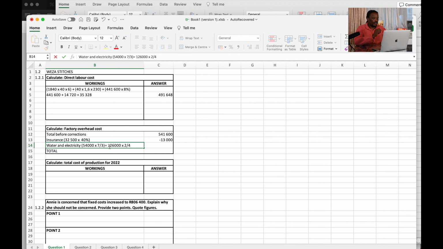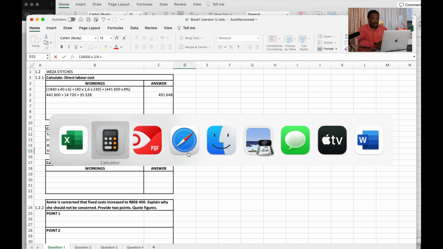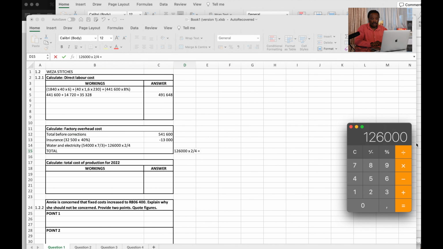Now, when you multiply 126,000 times 2 divided by 4, it's the same as dividing this amount by 2, which is 63,000.